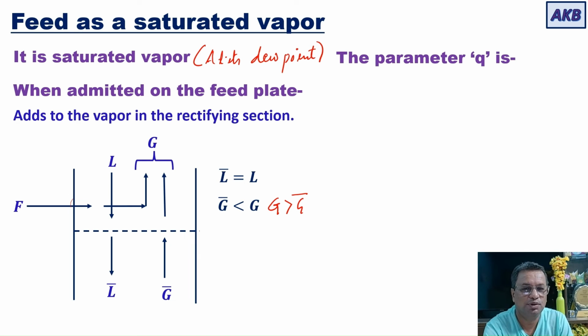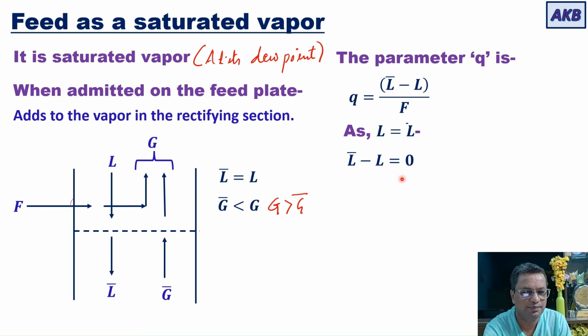Okay. So let us use this information to find the value of the parameter Q in this case. Again, we are going to use this definition for Q. Q is (L bar minus L) upon F. And you can now easily see that since L bar is equal to L, L bar minus L will be 0.